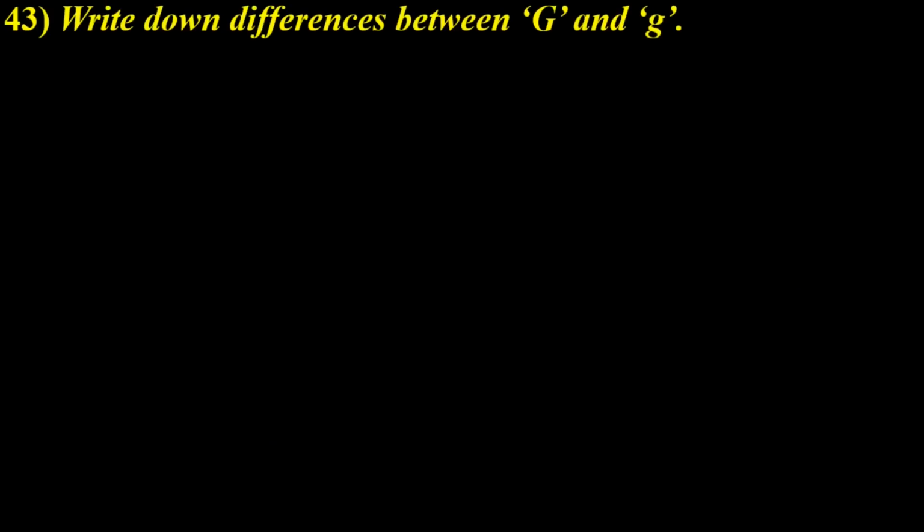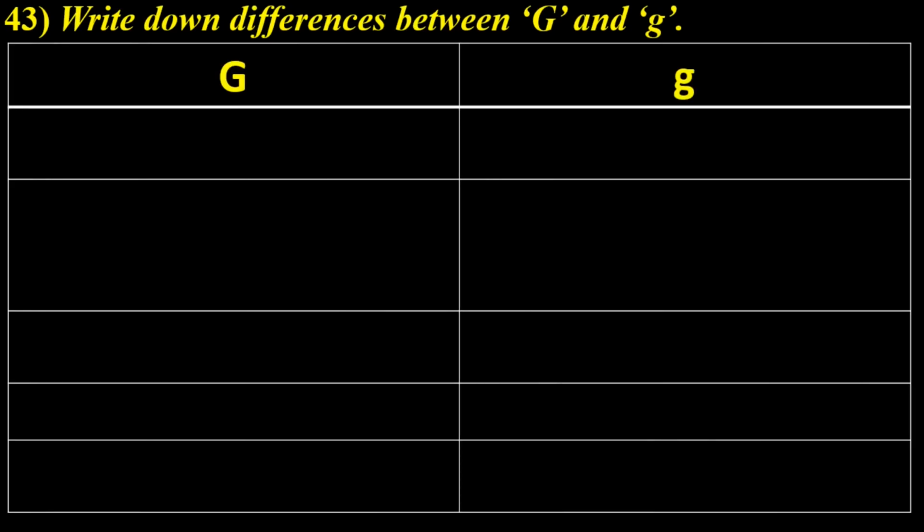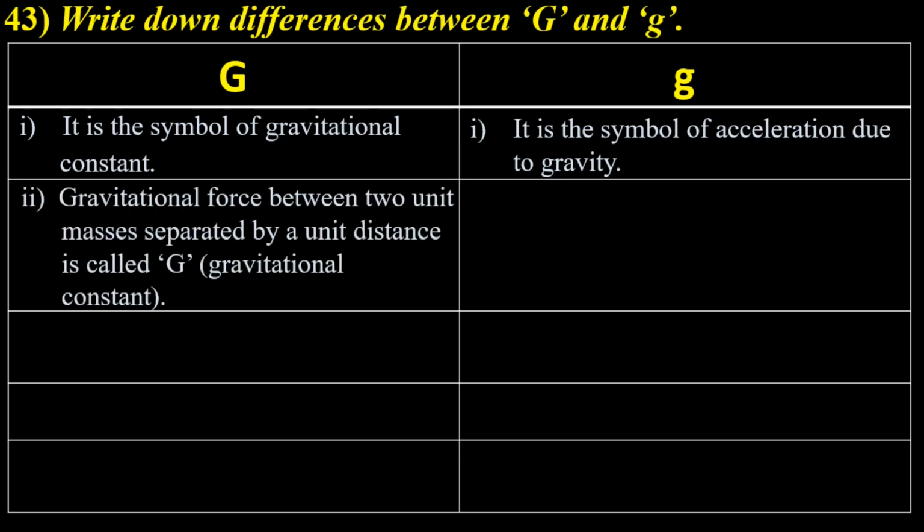Let's go to another question. Write down differences between capital G and small g. And for this, we have to make a table, and capital G and small g. First, we'll write the meaning of this symbol. It is symbol of gravitational constant and it is symbol of acceleration due to gravity, that is small g. Okay, number 2, we can define them.